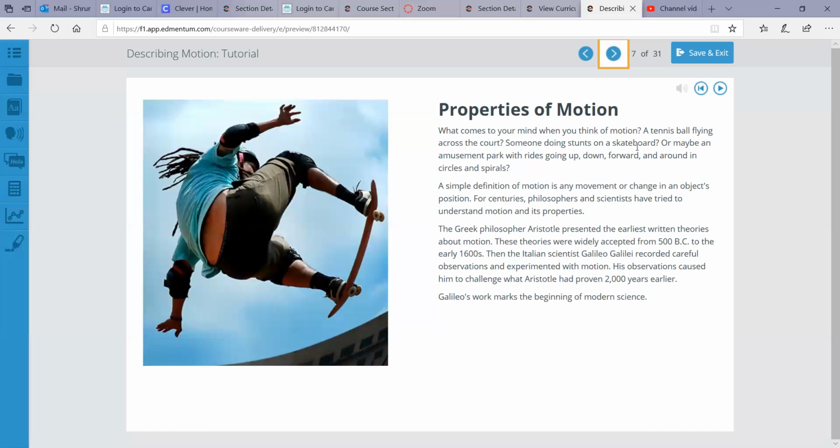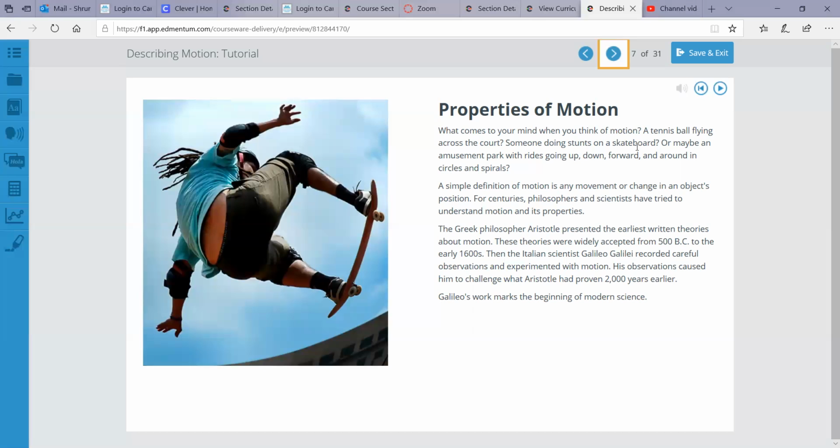For centuries, hundreds of years, philosophers and scientists have tried to understand motion and its properties. Aristotle, a famous Greek philosopher, presented some of the earliest written theories about motion itself. They were accepted from about 500 BC to the early 1600s.